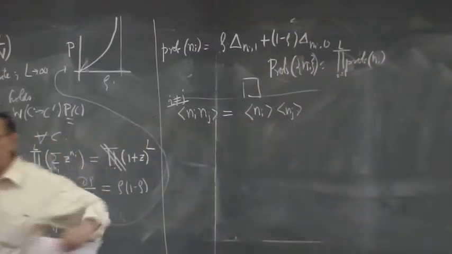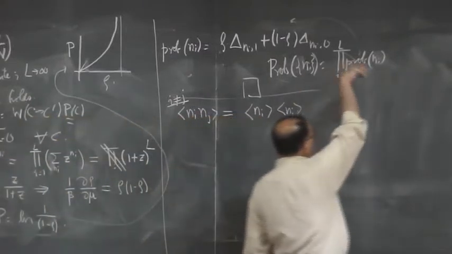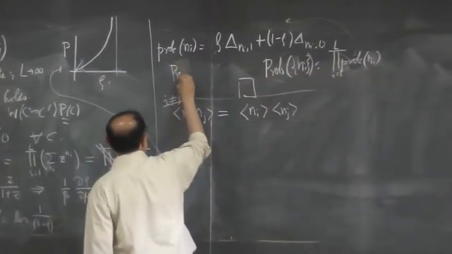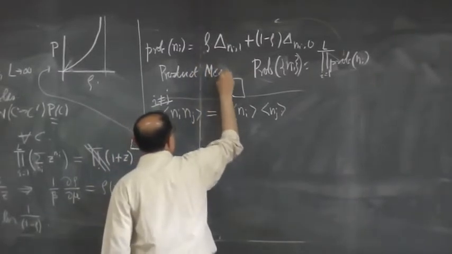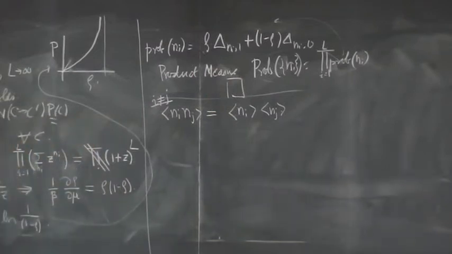So the full configuration probability is given by a factorized form like this, and a form like this is known, as you might imagine, as product measure. So for this system in the thermodynamic limit, you have product measure. When you have product measure, things simplify because the occupancies are independent and the correlation functions therefore are trivial.